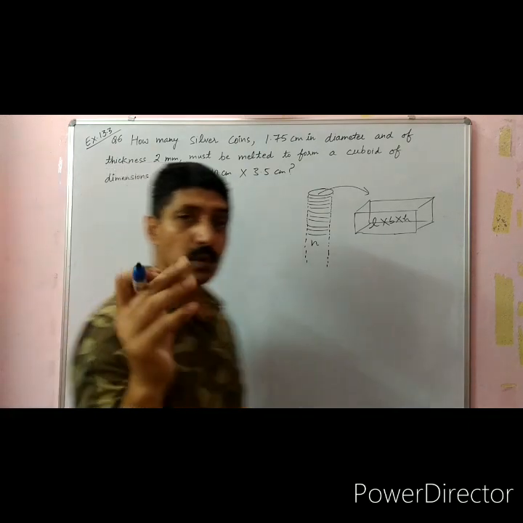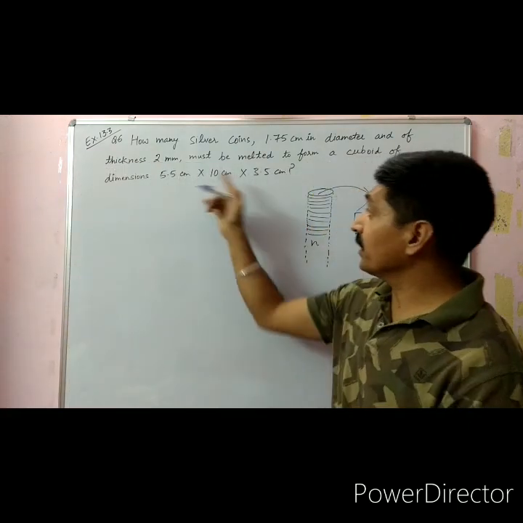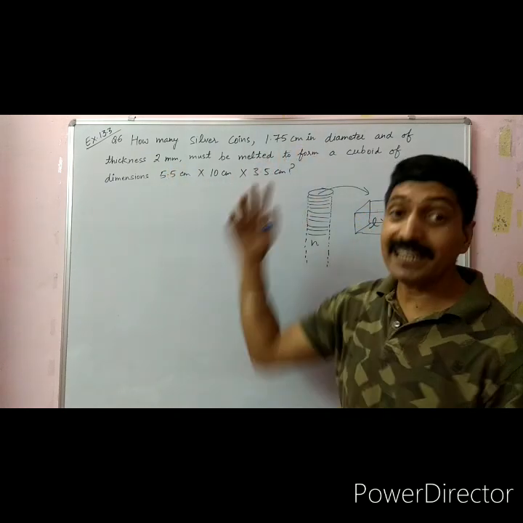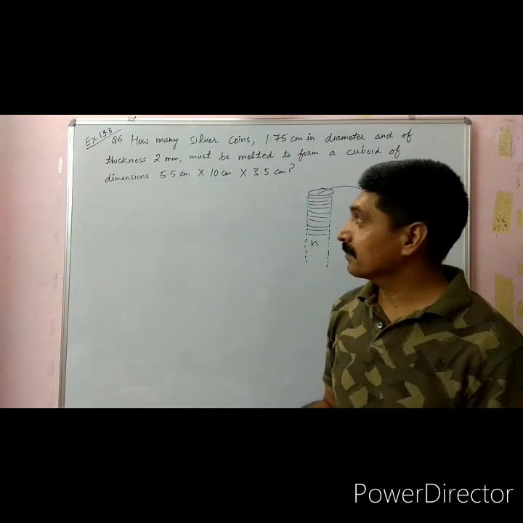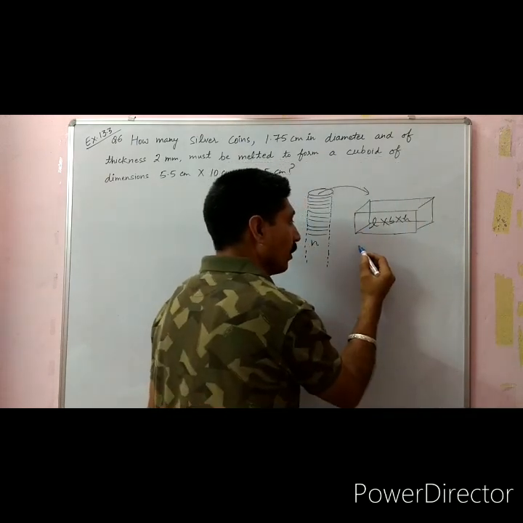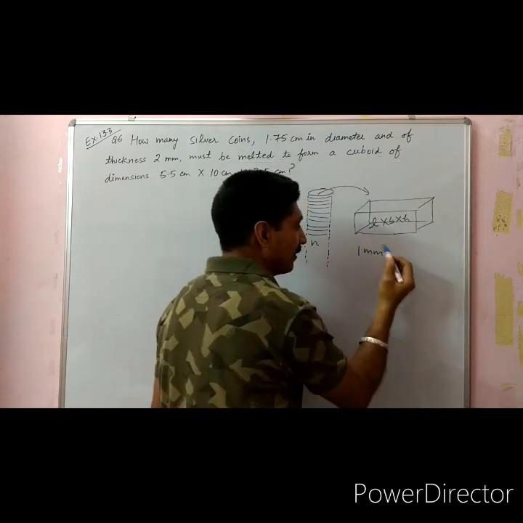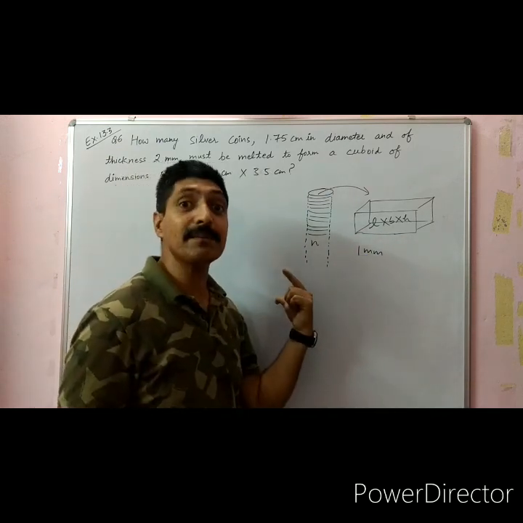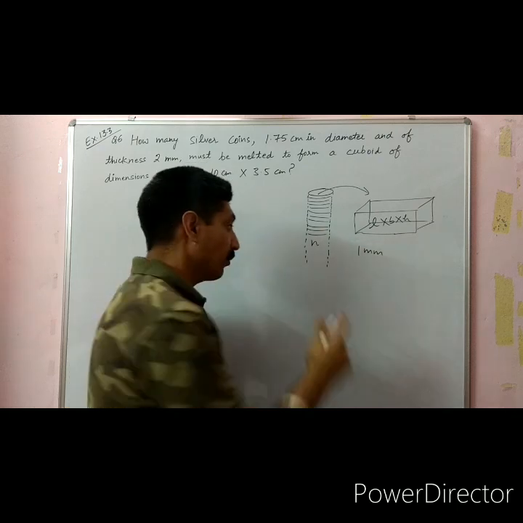So we need to change 2 mm into centimeter. So mm is millimeter. What is the relation between millimeter and centimeter?